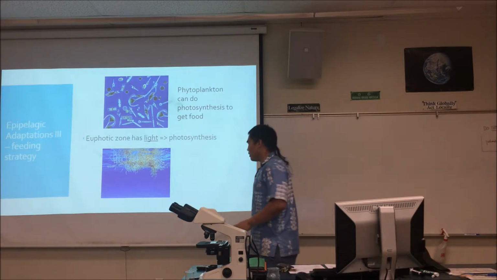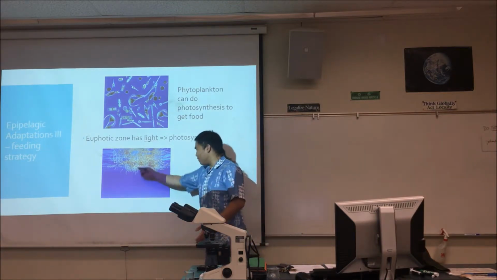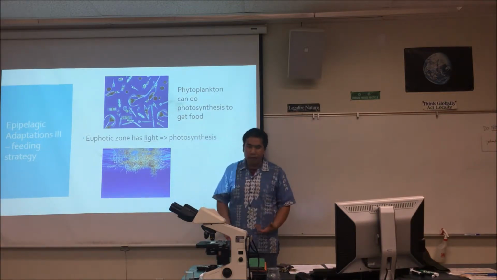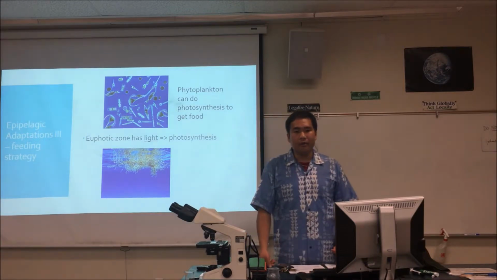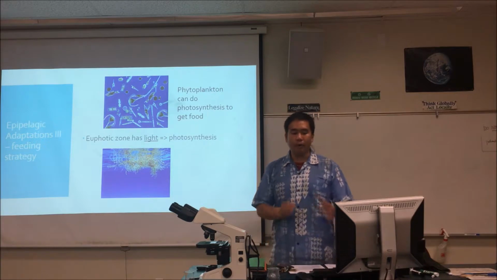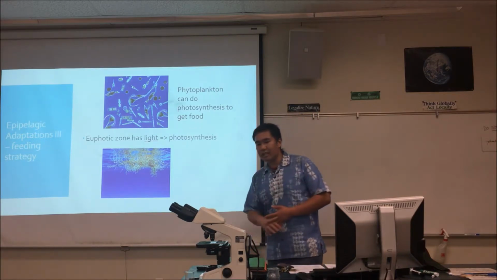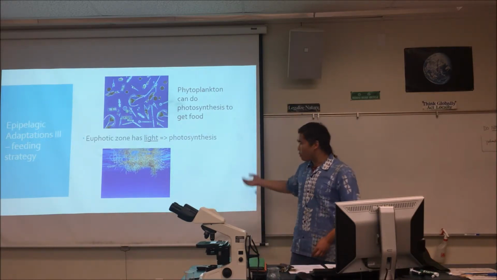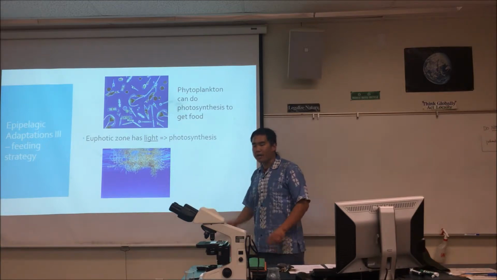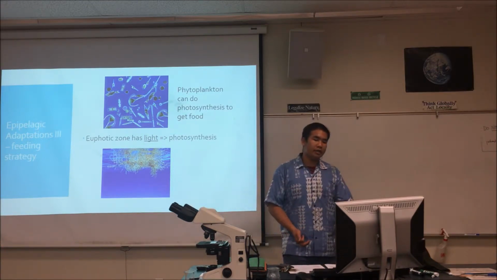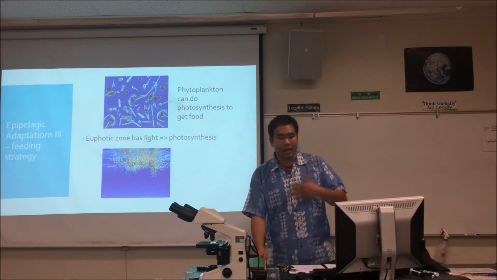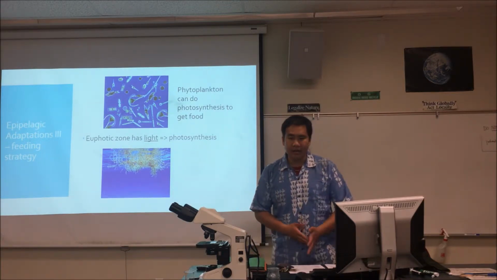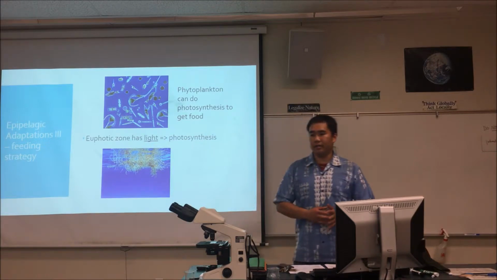What's the most common organism? Phytoplankton, probably, and they're all doing photosynthesis. So photosynthesis is the most common feeding style here, and it's possible because there's sunlight. You go any deeper than 200 meters, and photosynthesis becomes pretty much impossible. So it's not a popular feeding style in the deep sea, but in the epipelagic, it is.